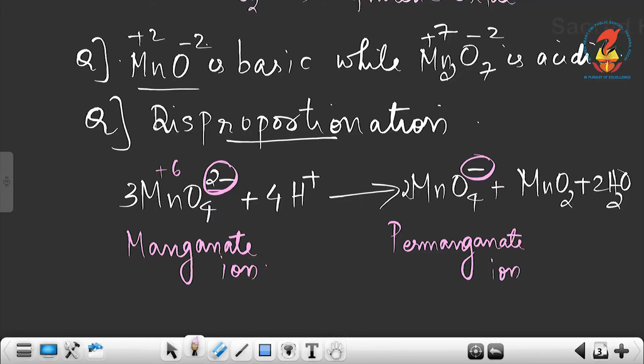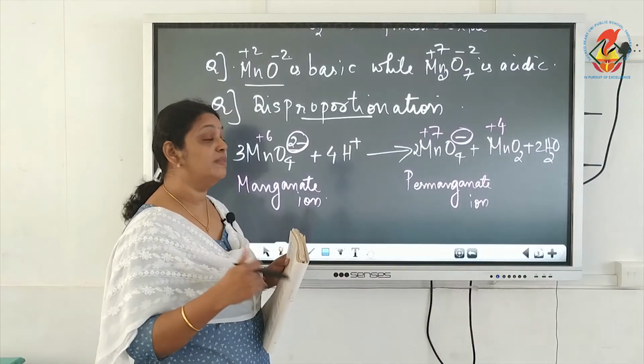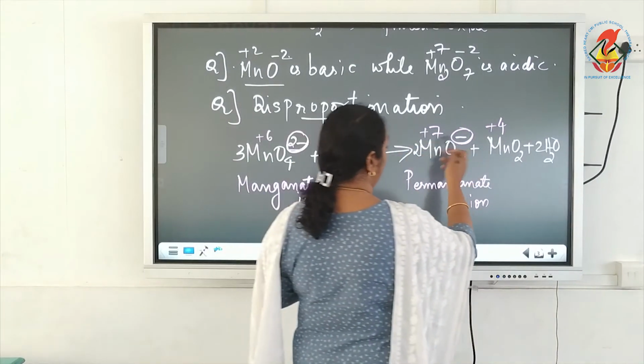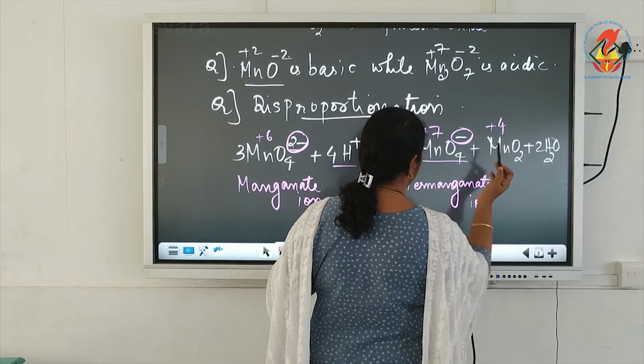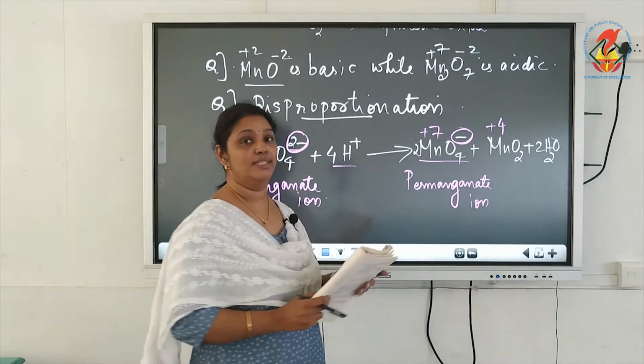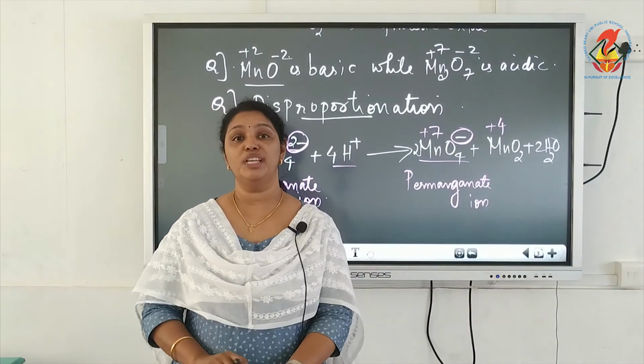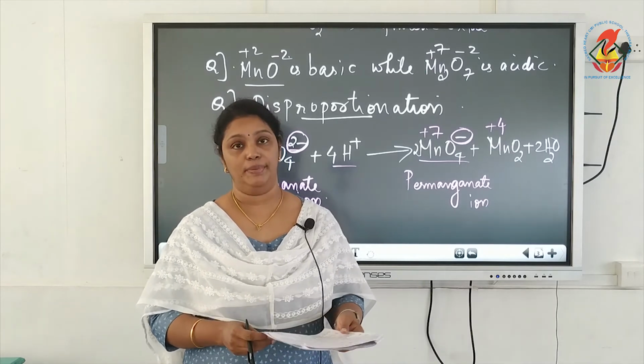Now +6 gets oxidized to +7 in MnO4-, and in MnO2 this manganese takes +4. So you can see +6 being an unstable oxidation state for manganese, it will change or disproportionate in acid medium H+ to higher and lower oxidation state. Higher oxidation state is MnO4- and lower oxidation state is MnO2. So this is a question. Explain disproportionation reaction with an example.